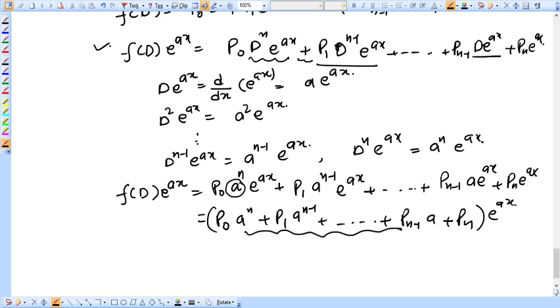So if you compare this with f(D), which is equal to p naught D^n up to so on, it is pretty similar to f(D). Only difference is, instead of D, a is here, right?